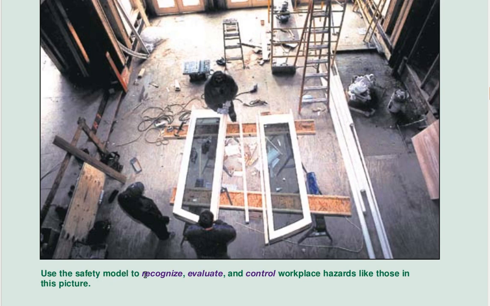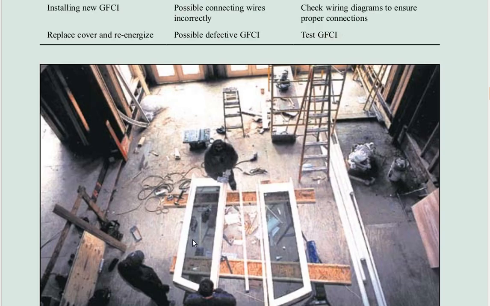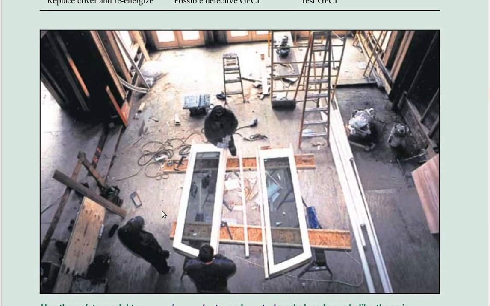Now, use a safety model to recognize, evaluate, and control workplace hazards like those in this picture. We can quickly say a few. For example, loose wires. It can cause a trip. Right? You have ladders being close to the work area.